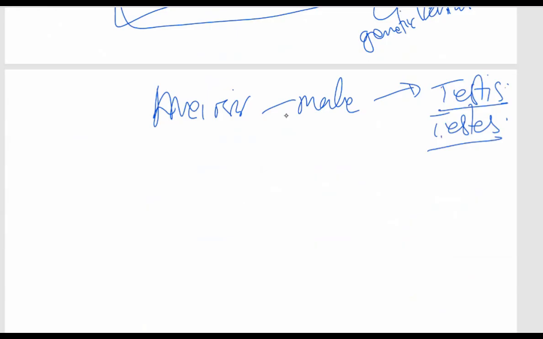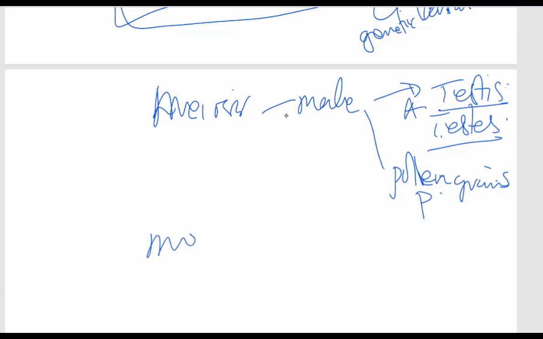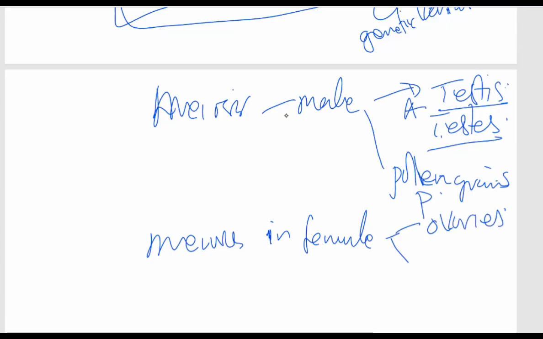And then you also find it in the pollen grains. These are animals, these are plants. And then meiosis in female, you find it in the ovaries in animals, and ovaries in plants.